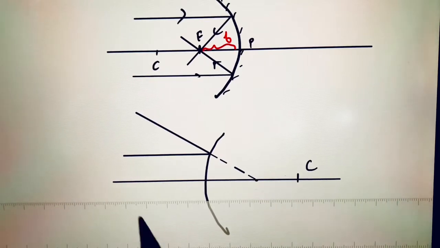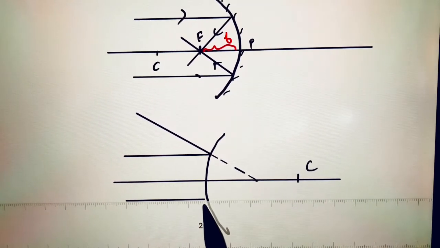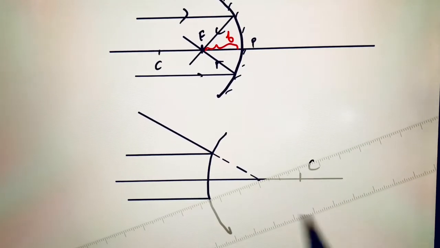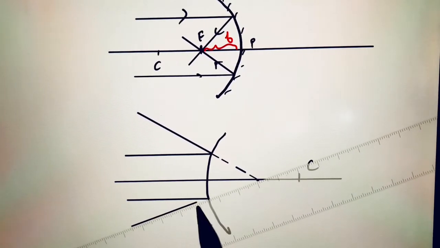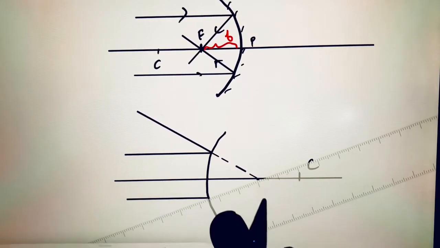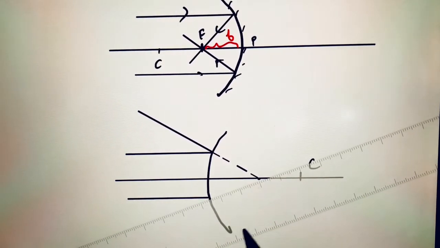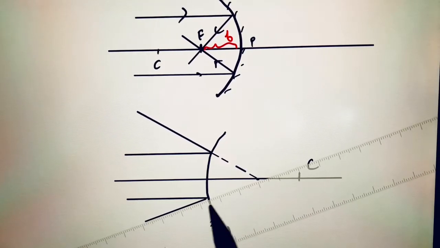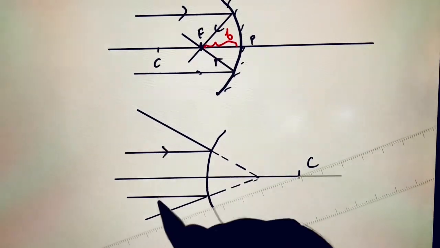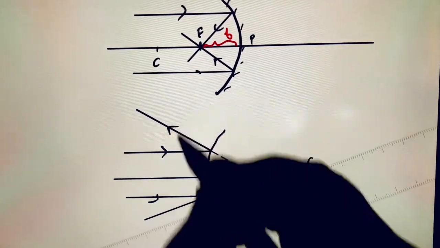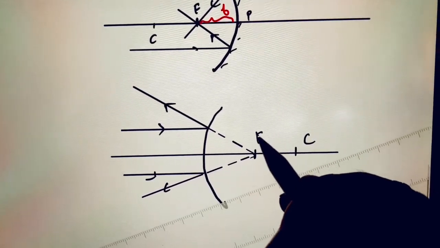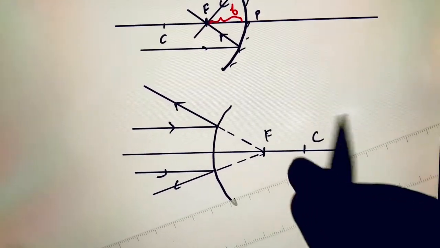If I have another incident ray like this, it reflects like this but appears to come from here. So this is your incident ray and this is the reflected ray, and the reflected rays appear to come from here. So this is also the focus of your convex mirror.